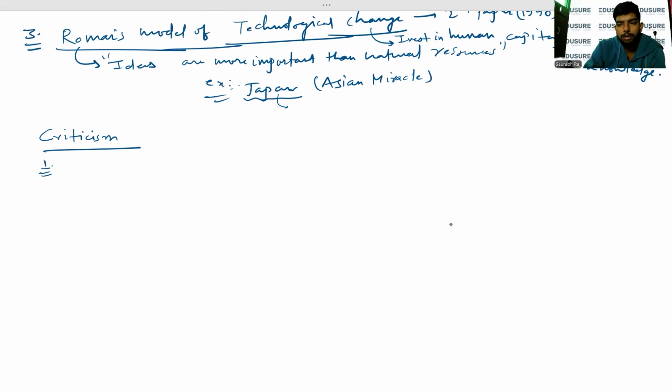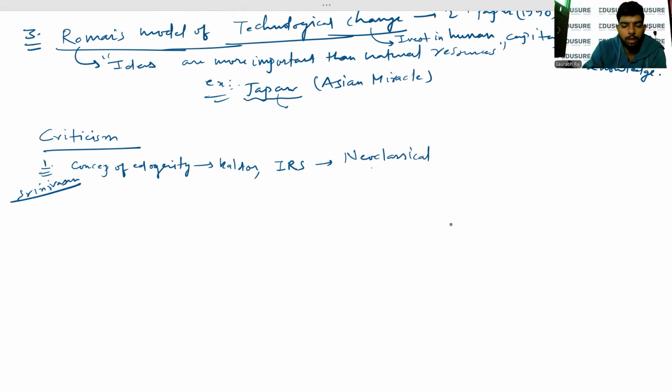And the second assumption, increasing returns to scale. Srinivasan said the concept of endogeneity was taken from Kaldor, and the concept of IRS, increasing returns to scale, is taken from neoclassical theory. So there is nothing new in this new endogenous growth theory.